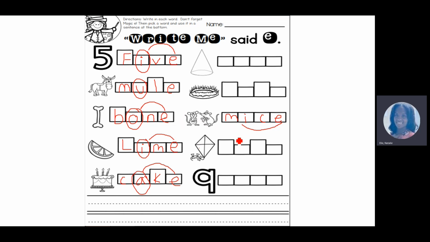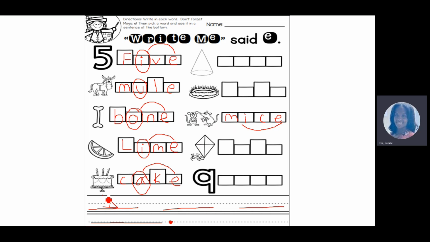Let's count the words. I see a, and then the last word is the word that you're going to choose from the list, with a period. So you should have 4 words.